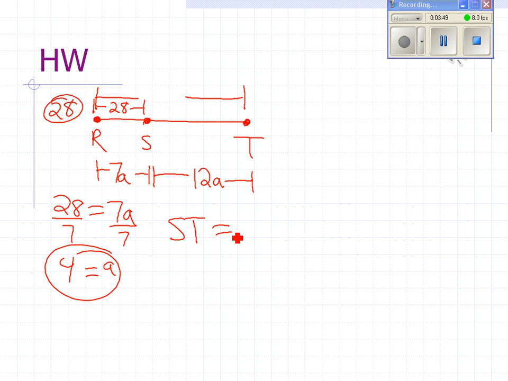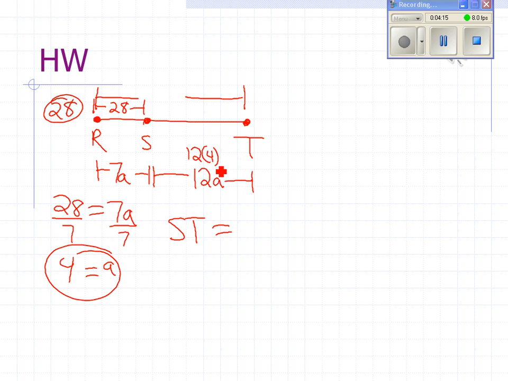To then figure out stuff, right? Now in algebra, a lot of what you did was just solve the equation. Well, it doesn't do any good to just solve an equation. What's going to do you good is knowing what that variable is. Well, we now know that A is 4. So right here in place of A, what can we stick in? 4. And that's going to tell us how long ST is.